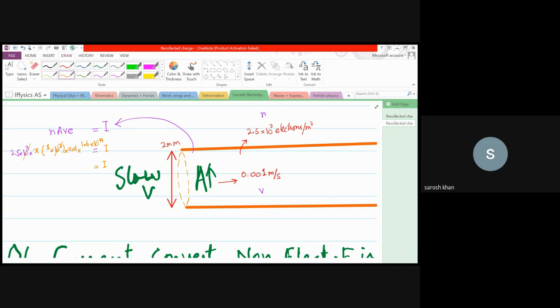To 6 times 10 power minus 19. Can you repeat? 1.26 times 10 power minus 19 amperes. Okay, good. I hope Hassan, is it the same? Yes, sir, it's the same.